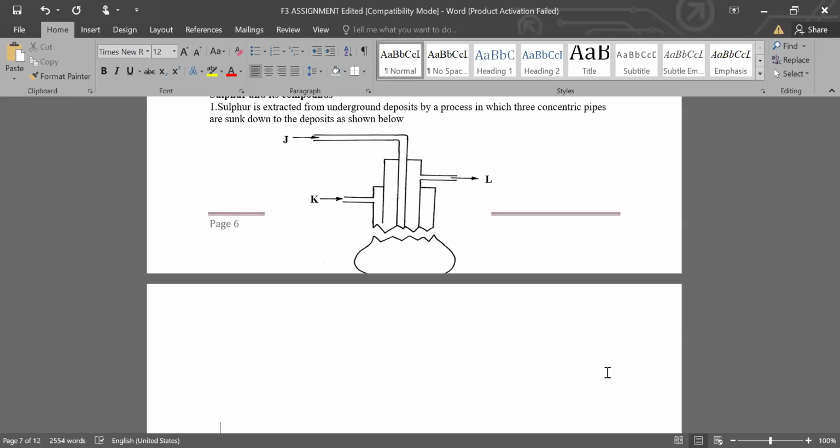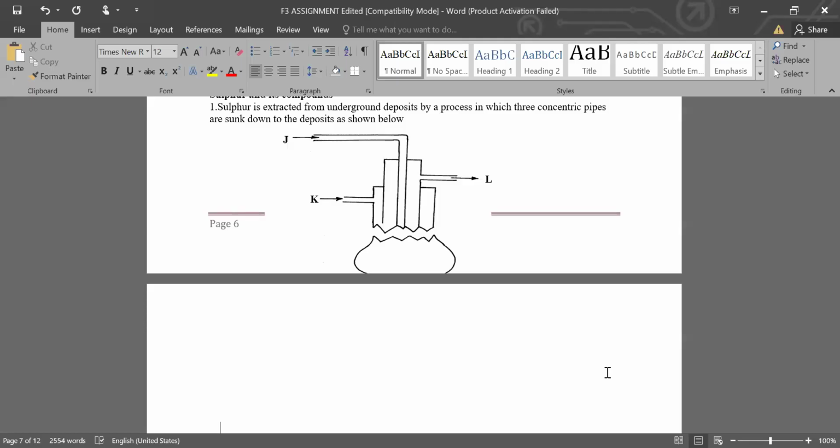These pipes, as we can see, we can go through the diagram. L is the middle one. Then J is the innermost. Then K is the outermost. So we start with the outermost.